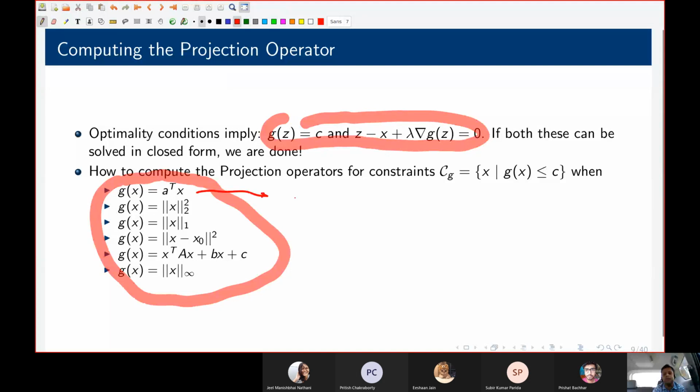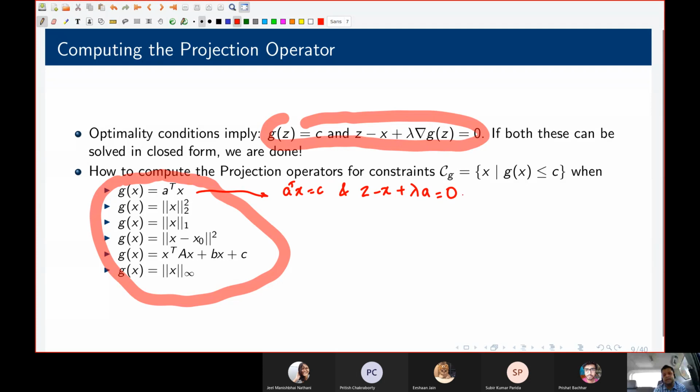For example, the first case would basically mean that A transpose X equals C and Z minus X plus lambda times A equals 0.